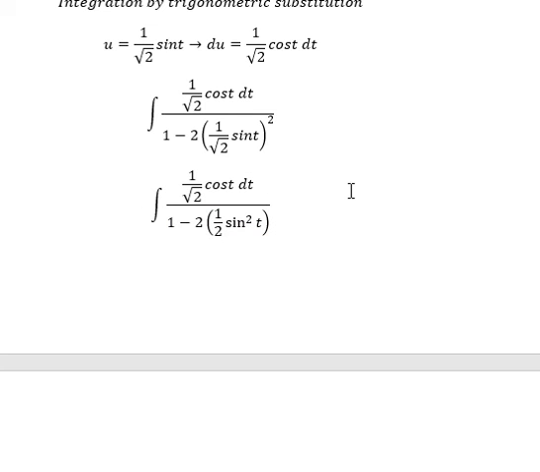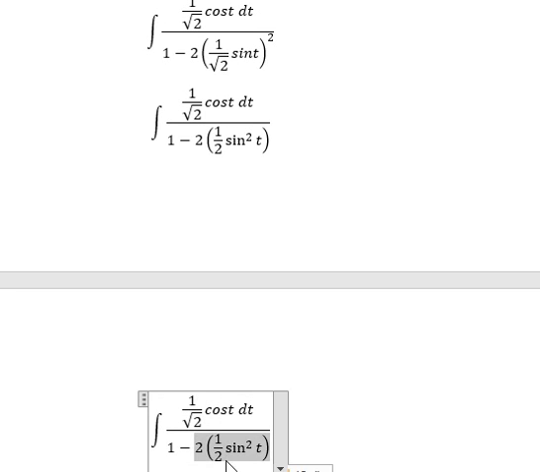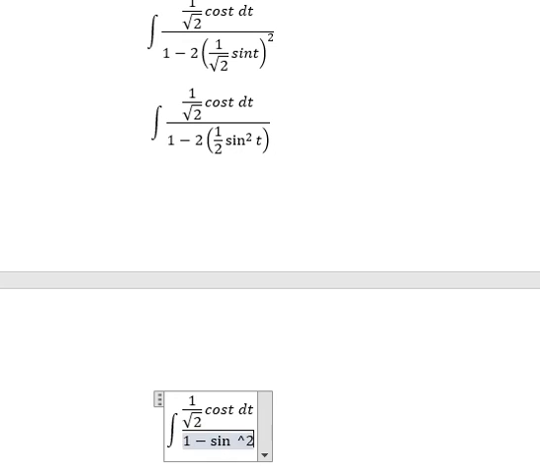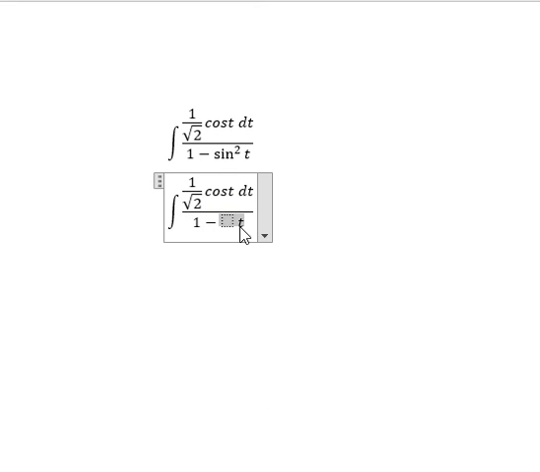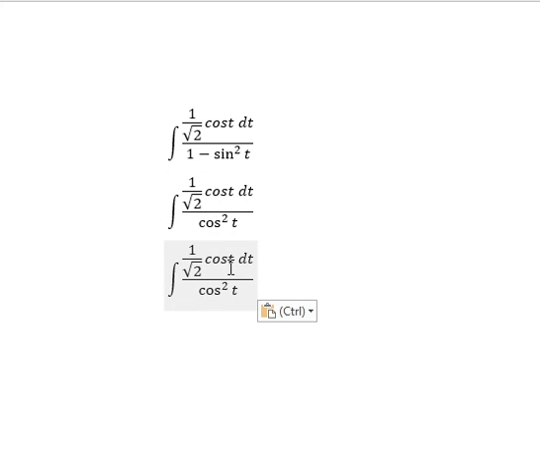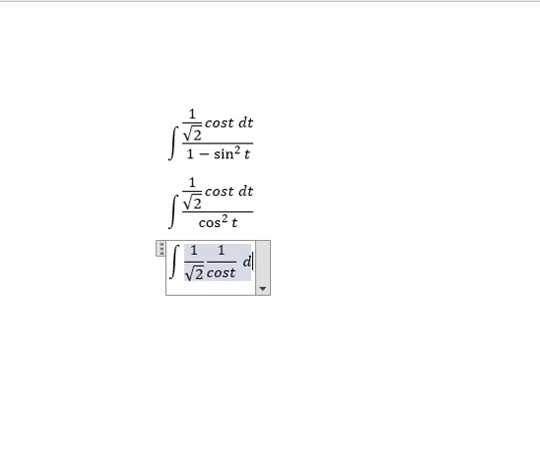So number 2 and number 2 we simplify. So 1 minus sine t square, that is about cosine t square. And then we simplify cosine t, cosine t. This one, that is about secant of t.